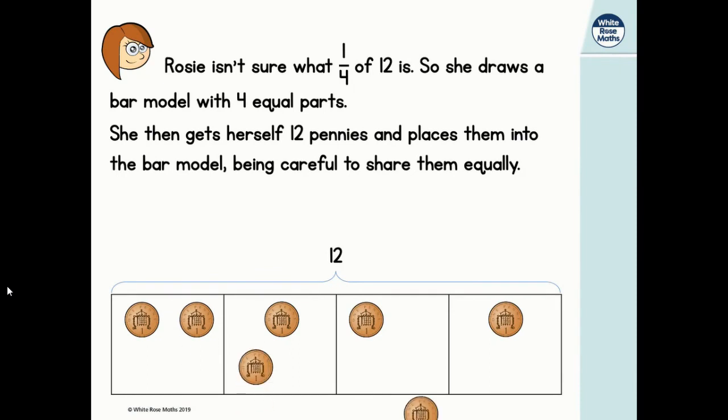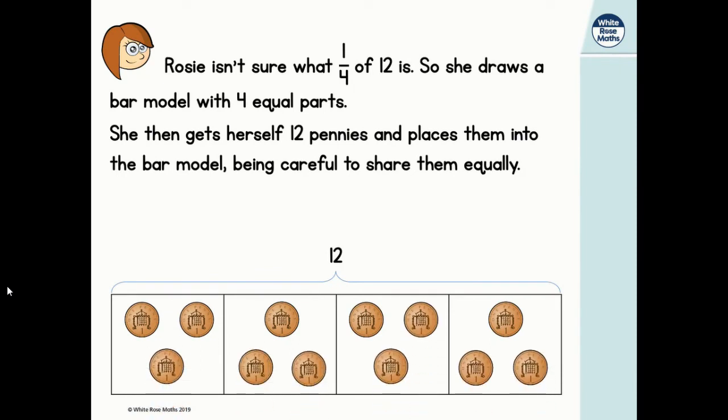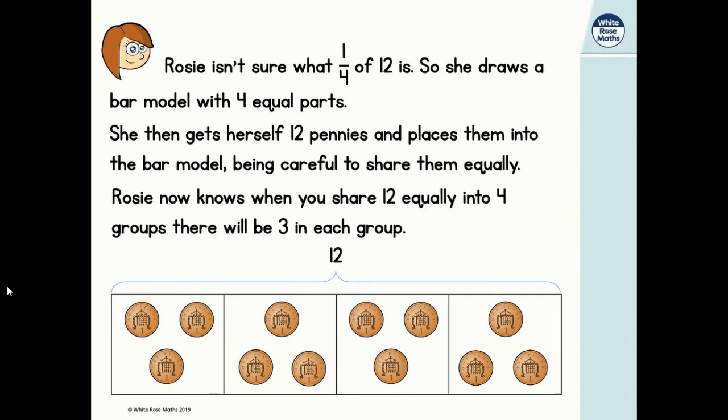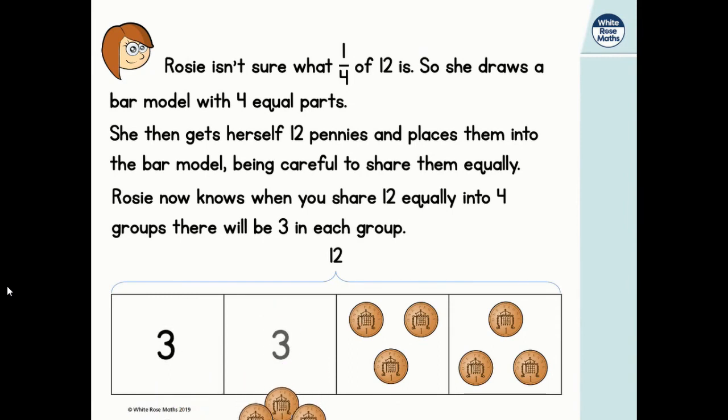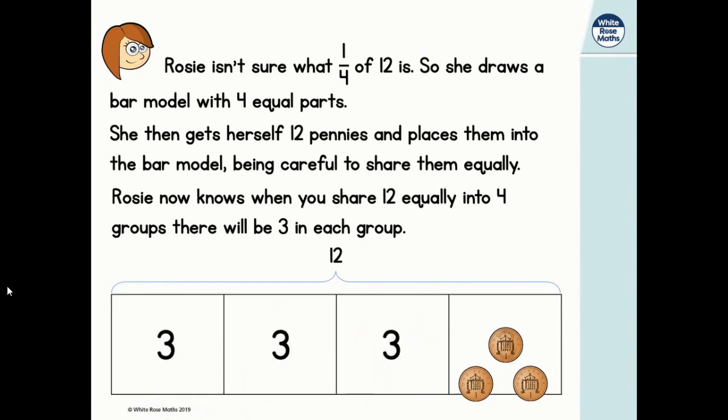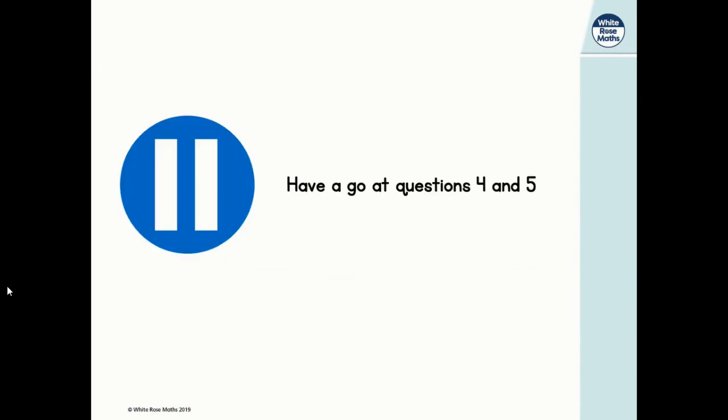She then gets herself 12 pennies and places them into the bar model, being careful to share them equally. She can now clearly see that when you share 12 equally into 4 groups, there will be 3 in each group. Have a go at questions 4 and 5.